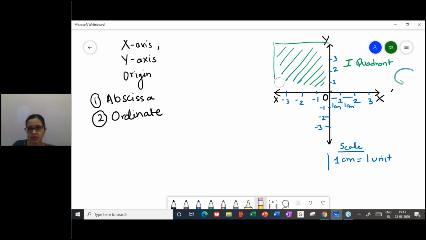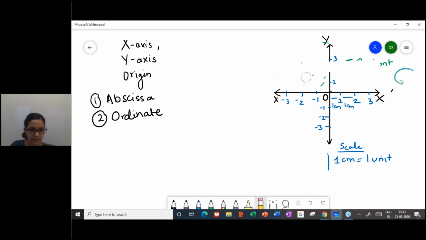Because they are going to ask you questions on which quadrants points lie. So for that you need to know which is the first quadrant, which is the second quadrant, and the sign convention there. So I'll just label the quadrants for you first, and then I'll explain the sign convention. Okay, everything got it.